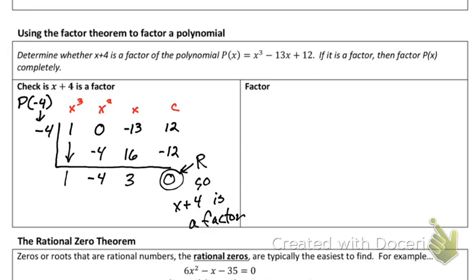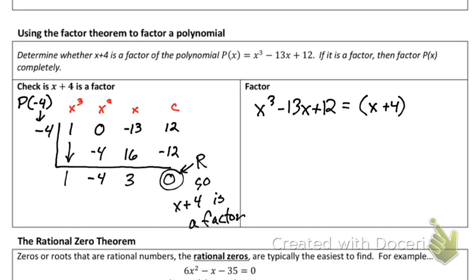And since it's a factor, we can actually rewrite this. We're going to do it over here. I'm going to say, x cubed minus 13x plus 12, I'm going to rewrite it as x plus 4 times something.